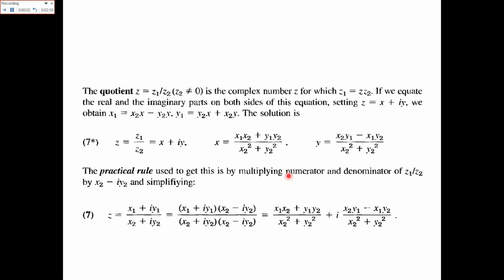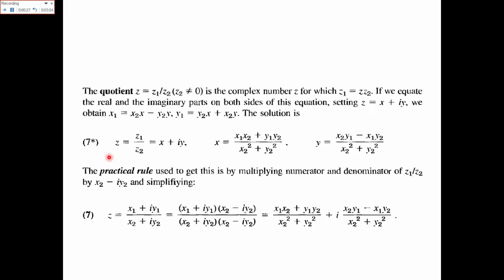Now the quotient rule, which is also known as the division of the complex number. Here z is equals to z1 over z2, where z2 must not be equals to 0, is a complex number z for which z1 is equals to z into z2 exists. So we equate the real part with the real and imaginary with the imaginary to find out the solution.